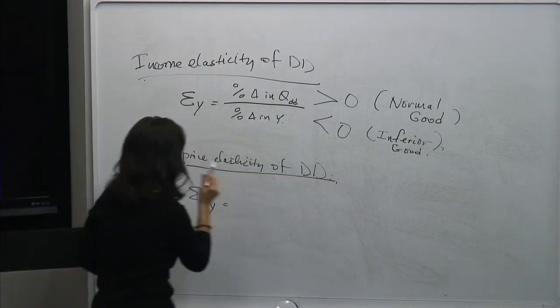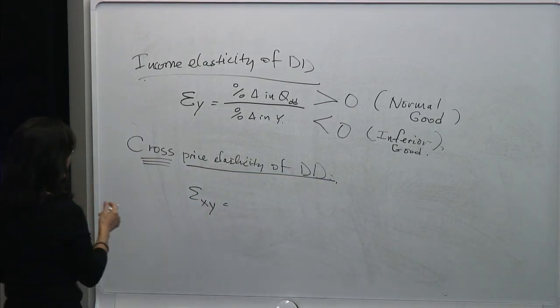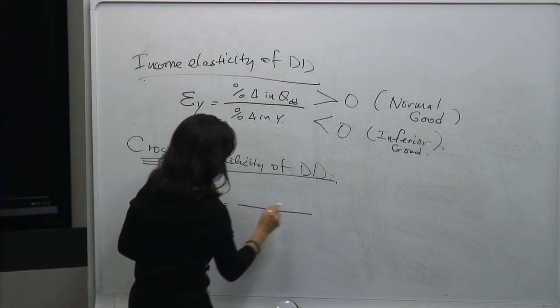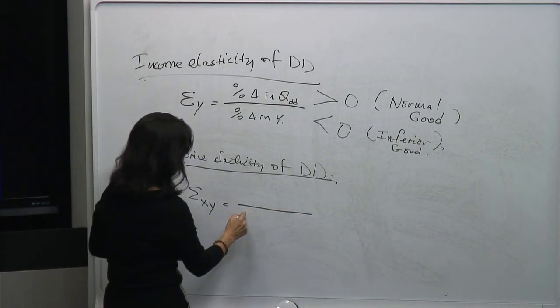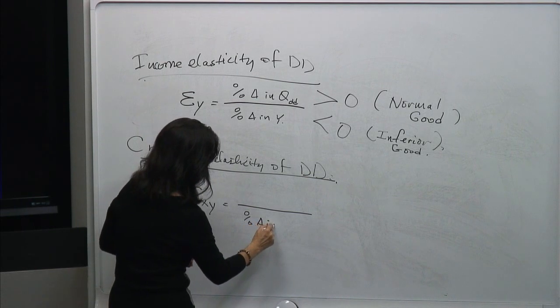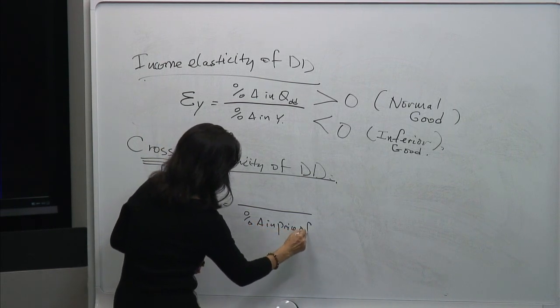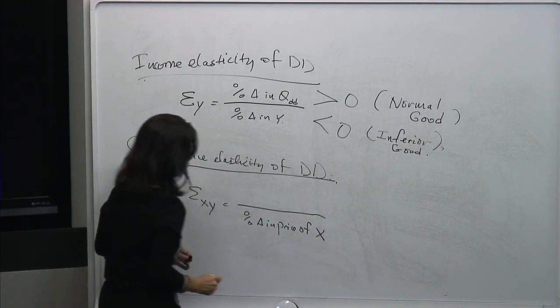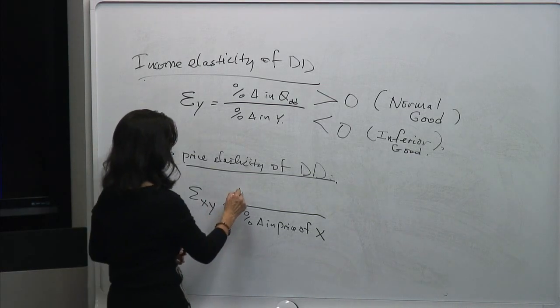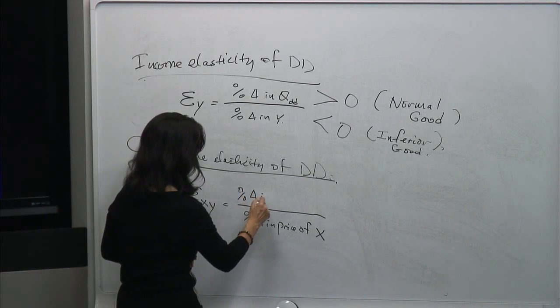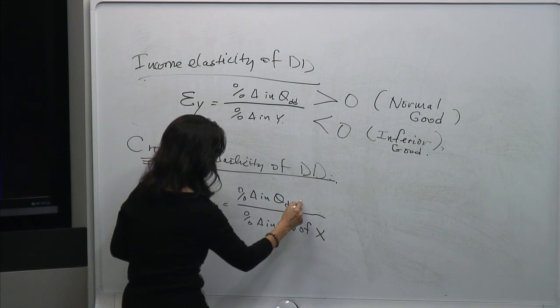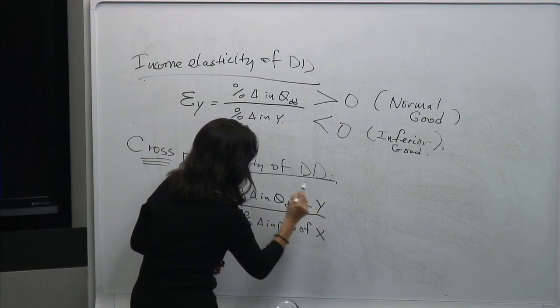In the cross price elasticity of demand, you also have two situations. I'm going to write it down for you. The definition is: what percentage change in the price of X will lead to what kind of percentage change in quantity demanded for Y?